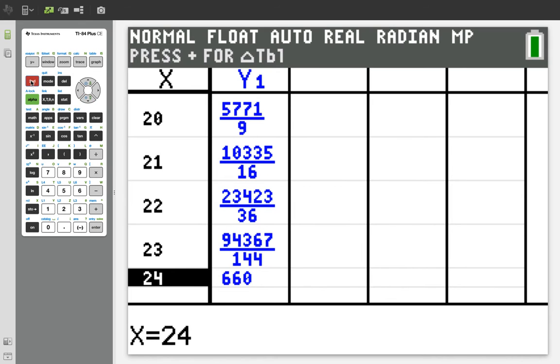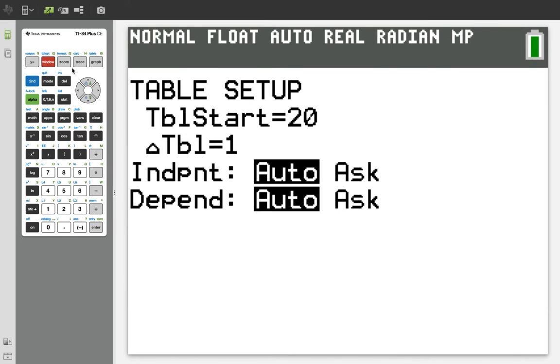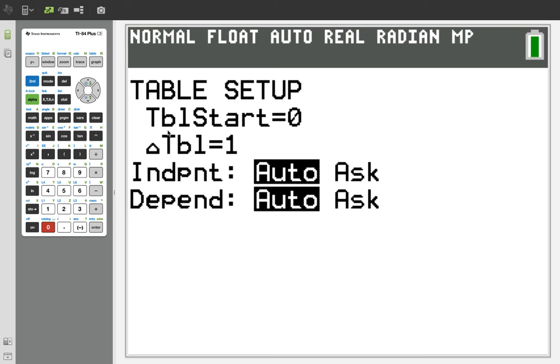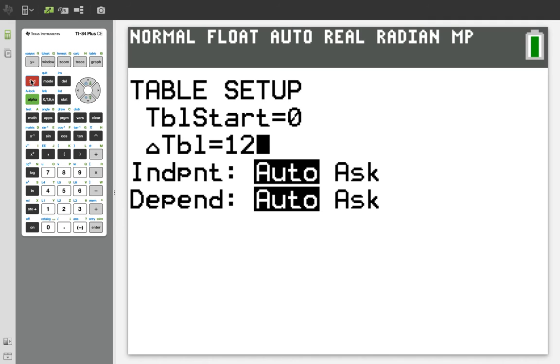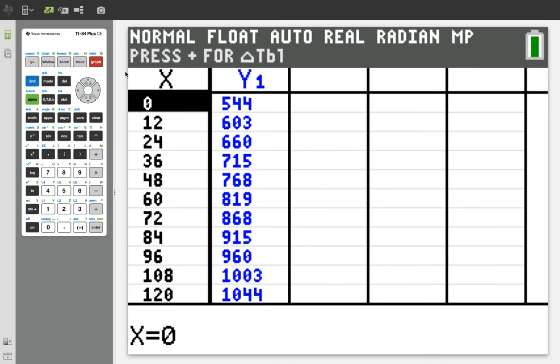So if we were to just take out those other numbers so we could see a nice table, we're going to have our table start at 0, and we're going to have it go up by 12. And when we do that and pull up our table, that's what it looks like. It looks a lot nicer than seeing all of those fractions. Now we have only whole numbers because our x values are going up by 12 instead of 1 now.